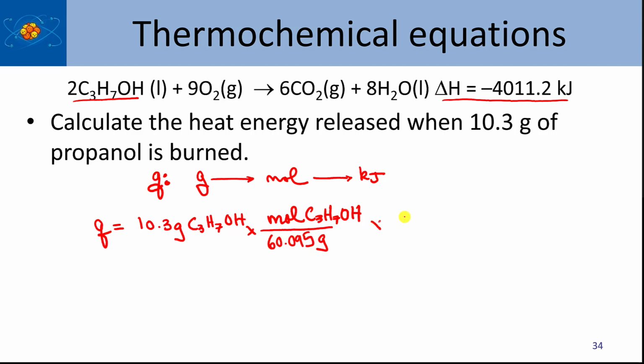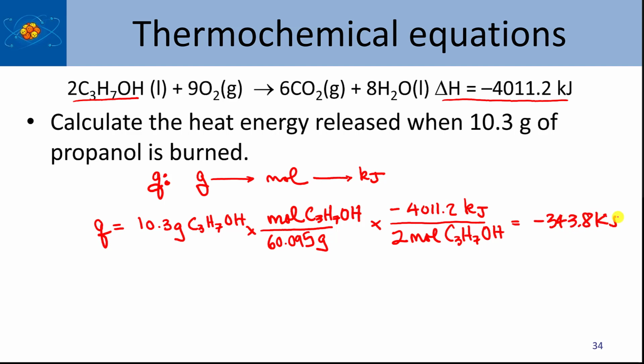And this is how we use the enthalpy in the calculation. You'll write negative 4,011.2 kilojoules for every 2 moles of C3H7OH. And that gives us a value of negative 343.8 kilojoules.